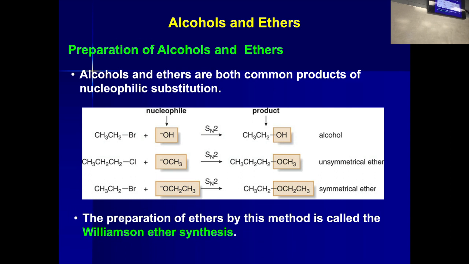We've talked a little bit about this in the past, right, in the last chapter, but we can take alkyl halides. What would the name of that alkyl bromide be right here? How would we name this? How would you name it? 1-bromoethane.